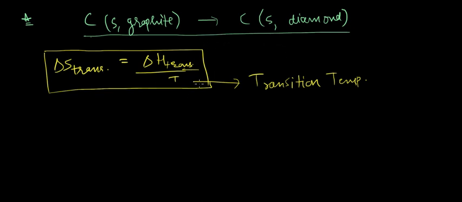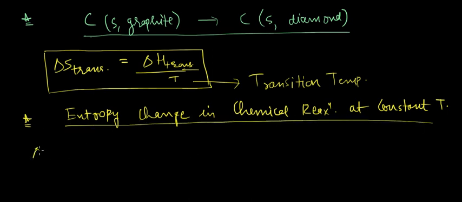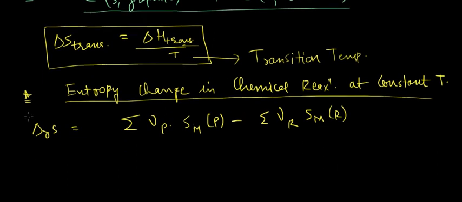And similarly, entropy change in a chemical reaction at constant temperature can be written as delta rS would be equal to summation of gamma p times Sm of p minus summation of gamma r Sm of r, where Sm is the molar enthalpy, rather entropy.